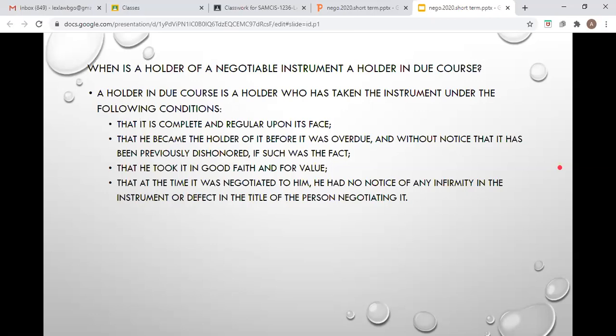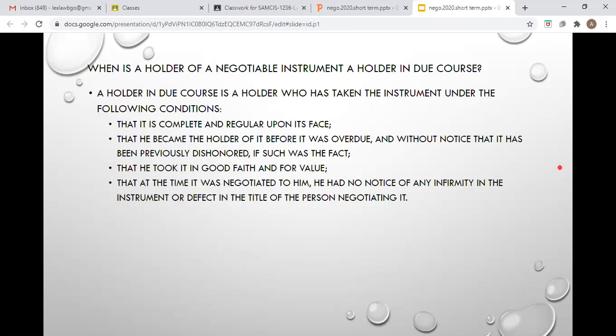Will I already be disqualified from becoming a holder in due course? Well, sabi ko, the notice is tantamount to actual knowledge or personal knowledge of that defect. If it is just a mere gossip, sabi-sabi lang, kwento-kwento lang, chismis lang yan, that will not disqualify you from becoming a holder in due course. That is not the notice which will disqualify you.